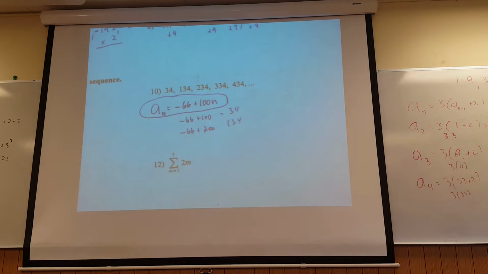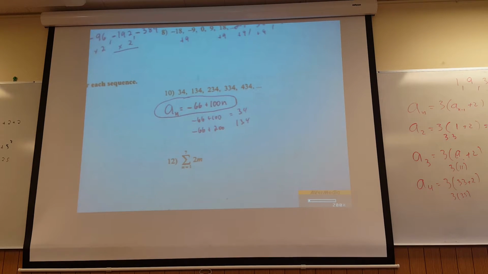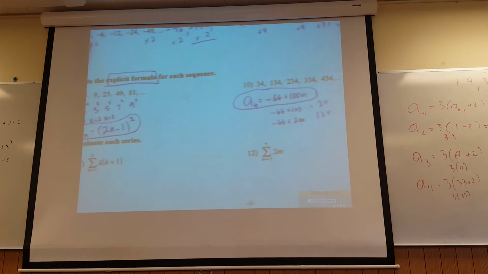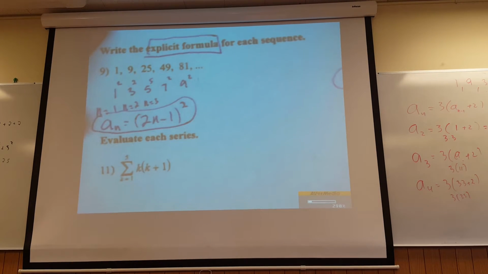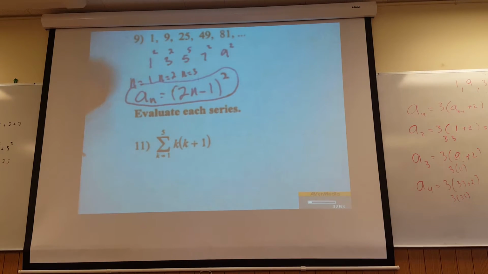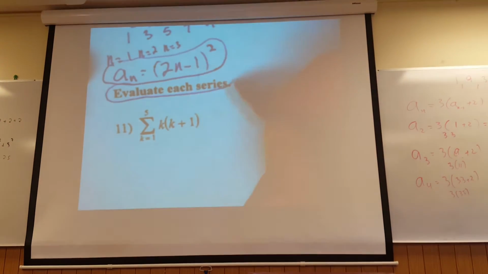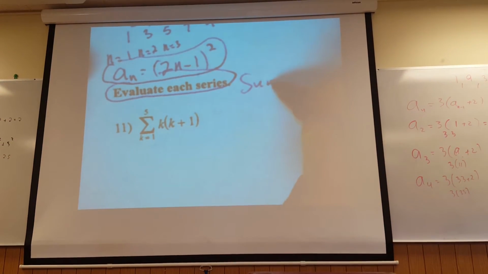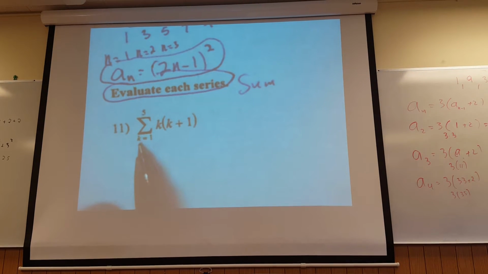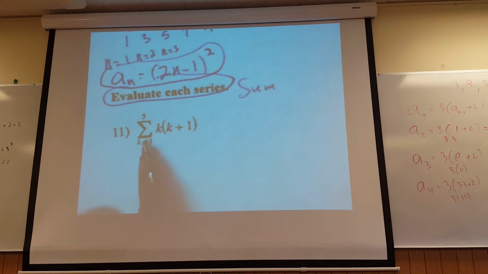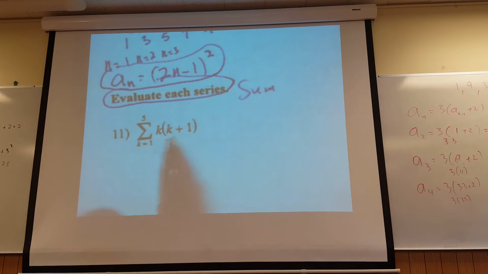All right, now, in this section, these are the hardest ones for some reason. Evaluate, this is a sum. We are going to add these up. When k equals 1 to 5, we're going to add up 5 different items right here.